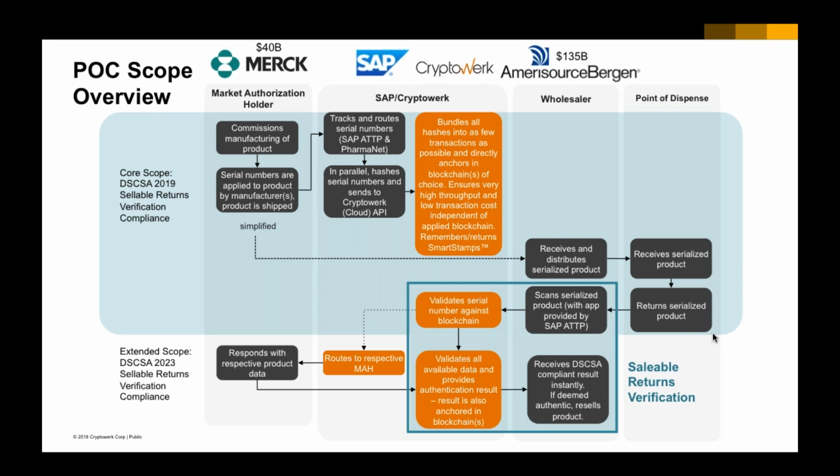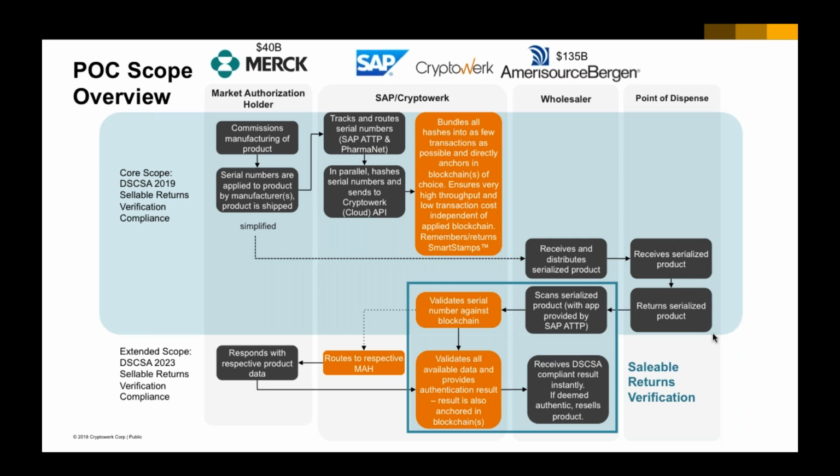And so in this case, we did a test with 100,000 prescription drug serial numbers. Each of them had 3 events: packed, shipped and scanned. And for each event, as I said earlier, the data stays in the system, but we were asked to hash it and put the hashes into Ethereum and, in parallel, into Hyperledger, which is a private blockchain, to also show redundancy and that this works independent of the type of blockchain.